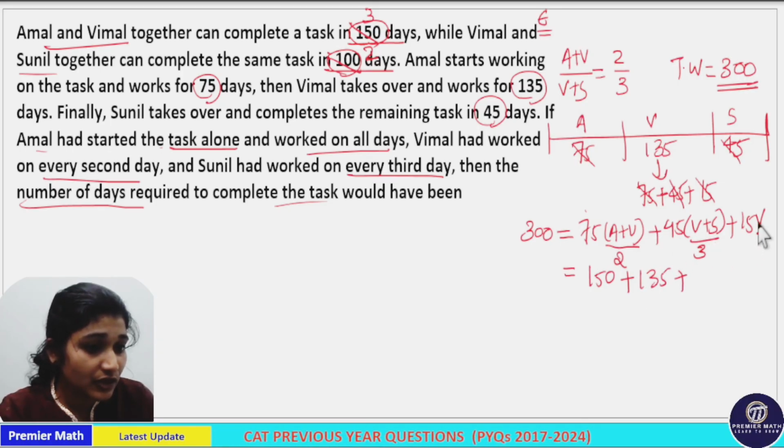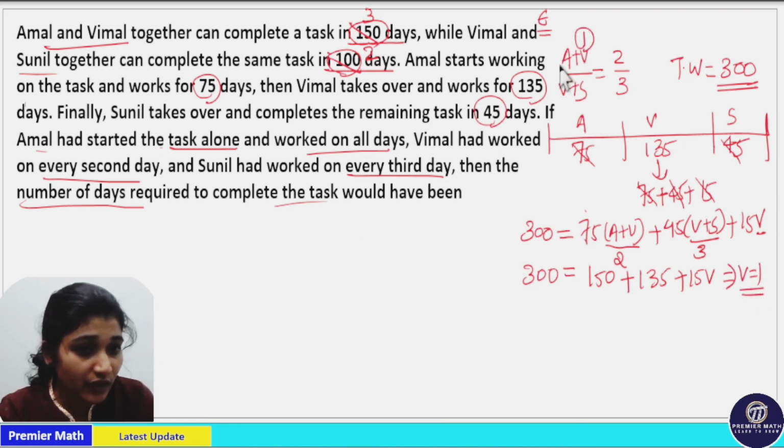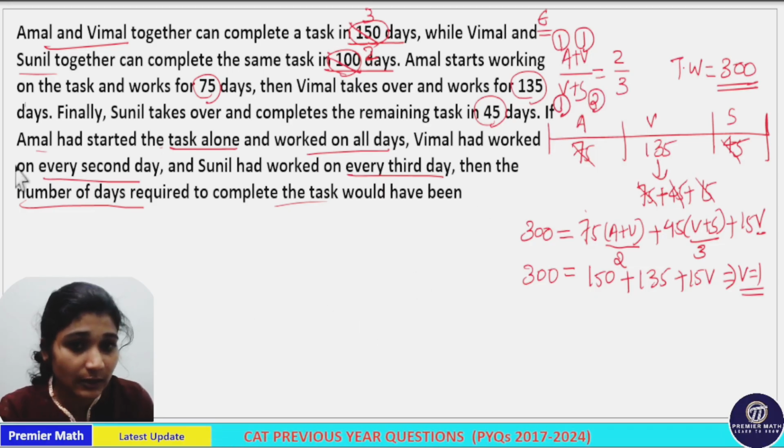And we don't know the efficiency of V, so write it as 15V. Now 300 minus 285 is equal to 15V. So 15 is equal to 15V, which means the efficiency of V is equal to 1. If the efficiency of V is 1, the efficiency of A is 2 minus 1, 1 unit, and the efficiency of Sunil is 3 minus 1, 2 units. Now we got the efficiency of these three people.